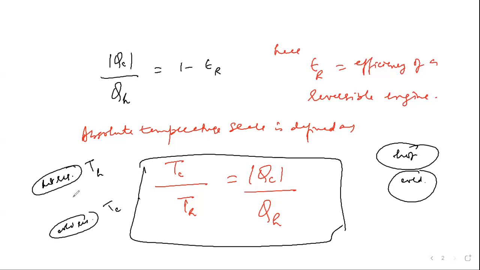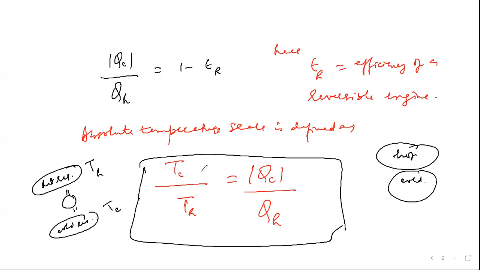We have to take a reversible engine and operate between these two reservoirs. This is my Carnot engine or reversible engine, and take a careful measurement of heat rejected and heat absorbed, Qc and Qh, in order to find the ratio of their temperatures, right? Now this equation gives us the ratio of the temperatures on absolute temperature scale.